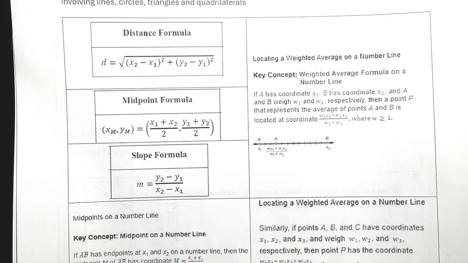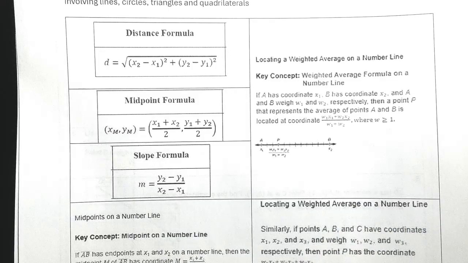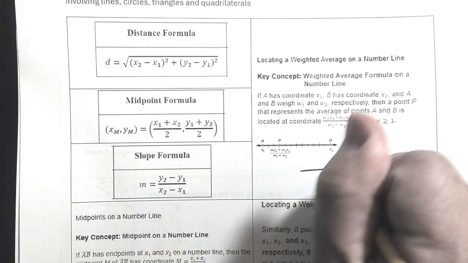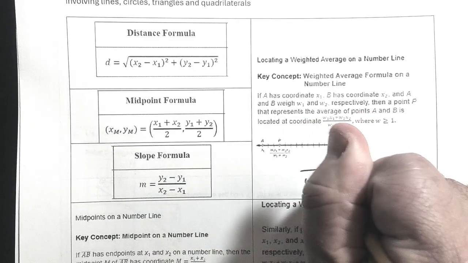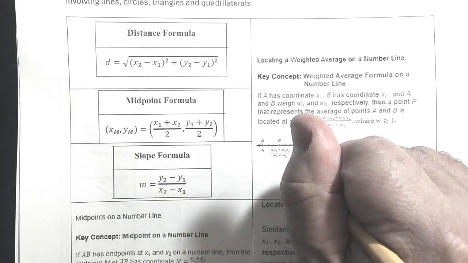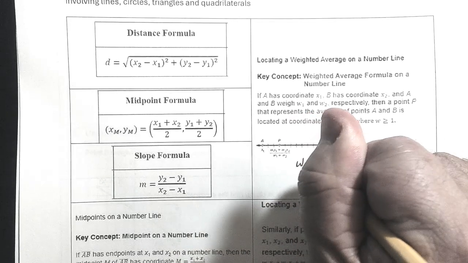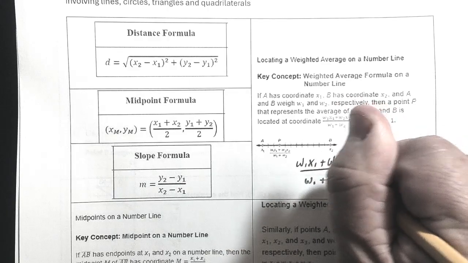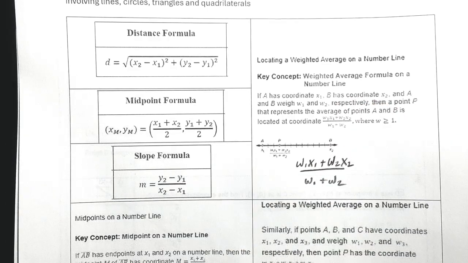I have it better, like you can't see my hand, but at the bottom, I'm going to try to write this over here. So it's weight 1 plus weight 2 on the bottom. And then the top is weight 1 x sub 1 plus weight sub 2, x sub 2.